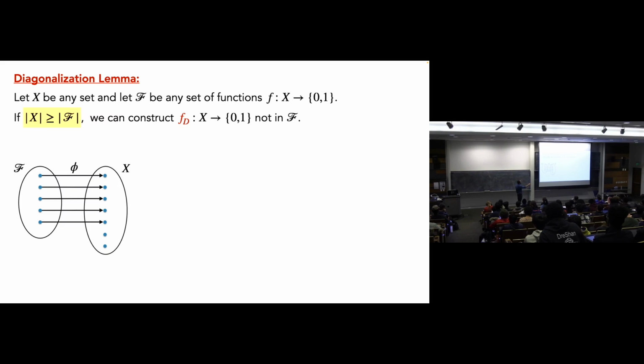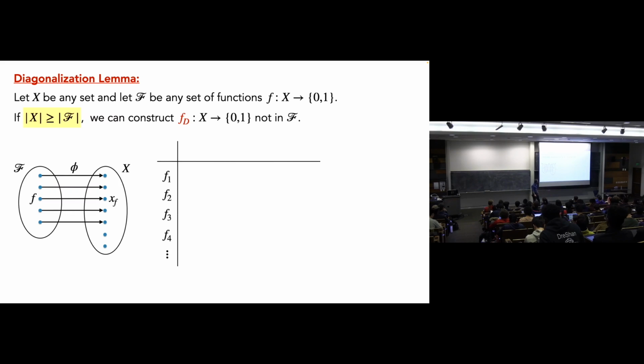What this means is that there's an injection from curly F, the set of functions, to the input space X. Let me denote that injection by phi. So there's an injection phi, which tells me, for a given function f, the unique x that I can pick in the input space X.